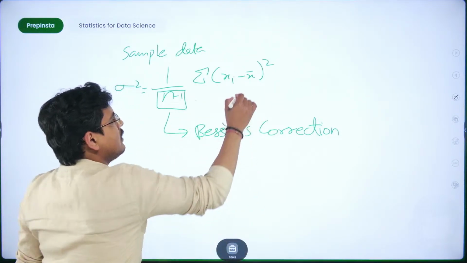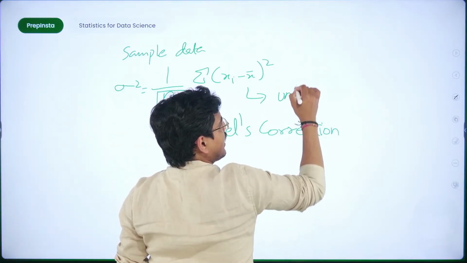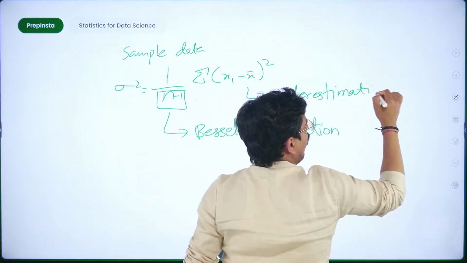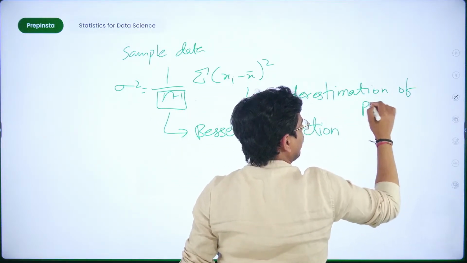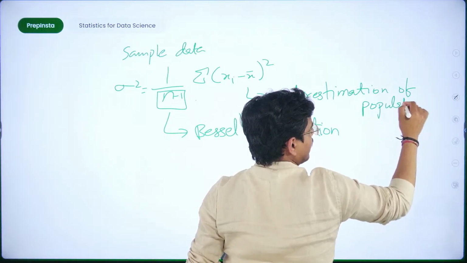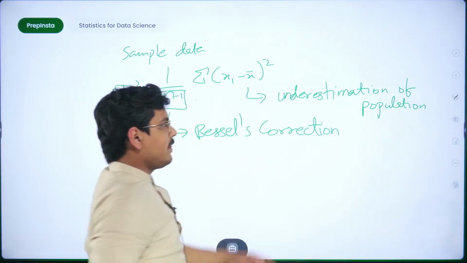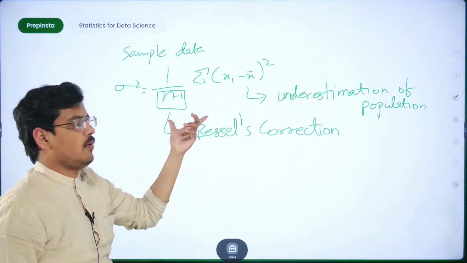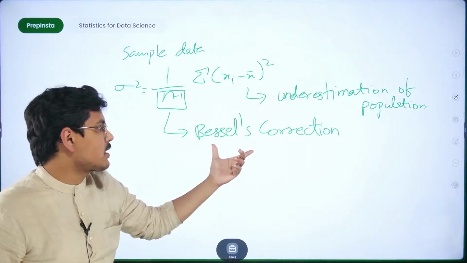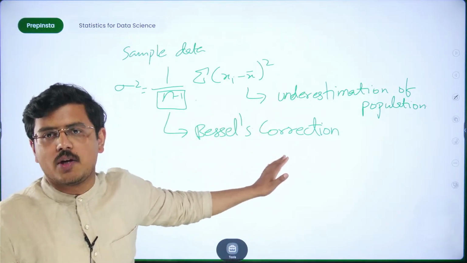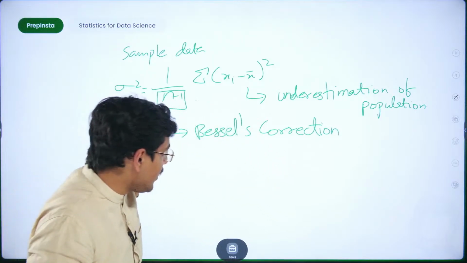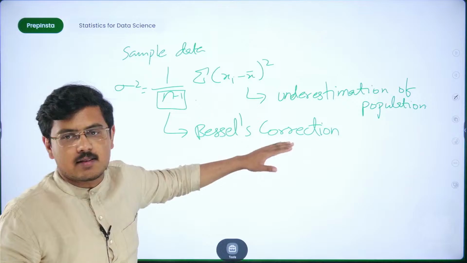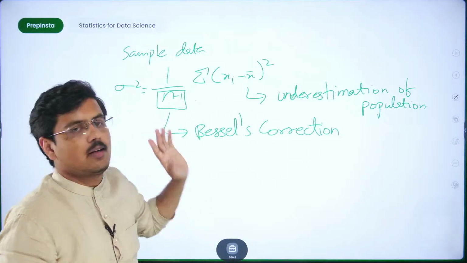Henceforth, this is basically underestimation of population. इसे underestimation of population कहते हैं. And to avoid this underestimation of population, we do this n-1, and this is called Bessel's correction. This is an interview question, and you can straight away learn it out if you want to. This name is Bessel's correction, but do understand what exactly it is doing.